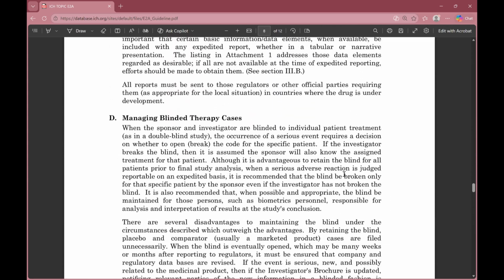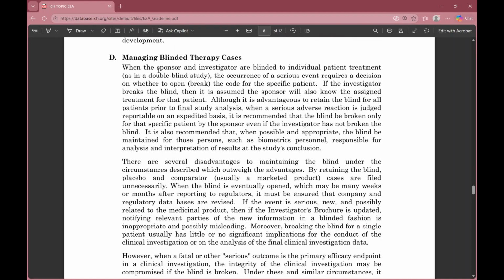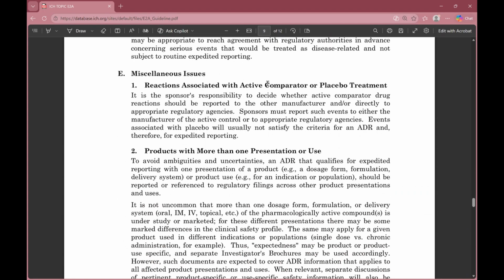In the previous video, we discussed managing blinded therapy cases. Today we are going to discuss the miscellaneous issues. Now, reactions associated with active comparator or placebo treatment. I will just be summarizing what is written here, and you can read it from the guideline, of course.